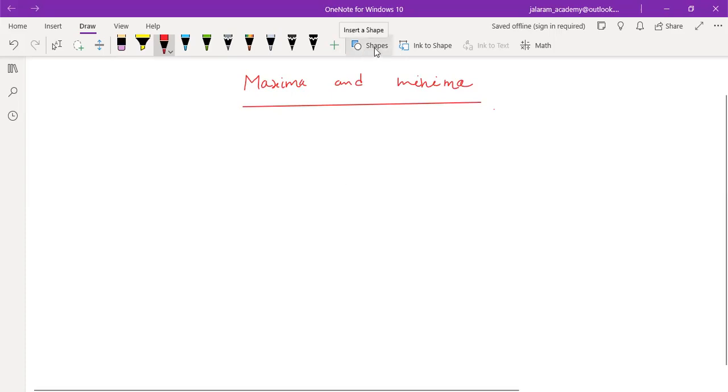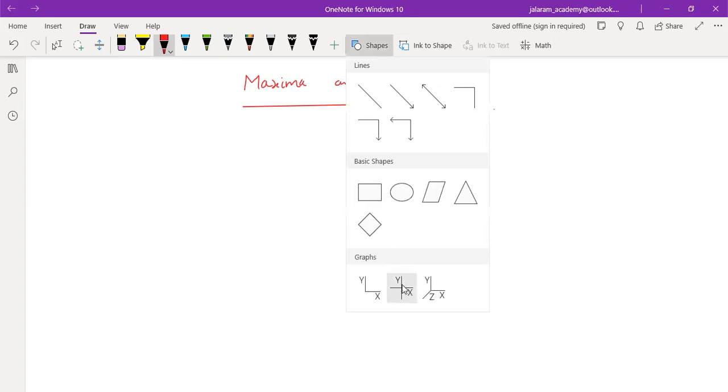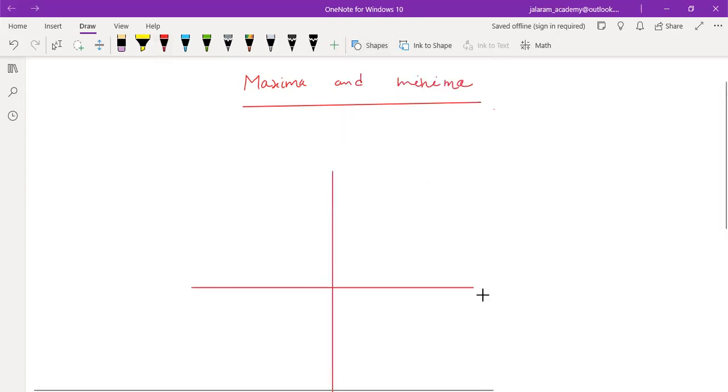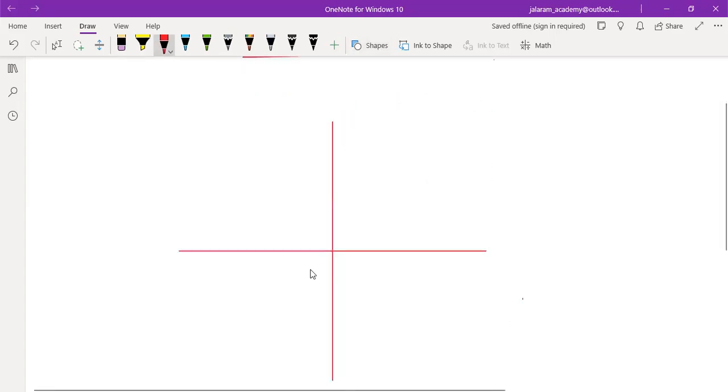Before this we have studied about the increasing and decreasing function, in which we have studied that if a graph is of this type, from A to B, it is decreasing.